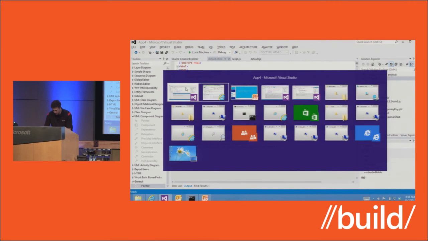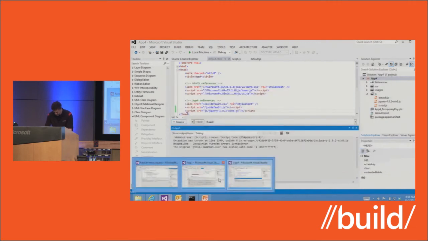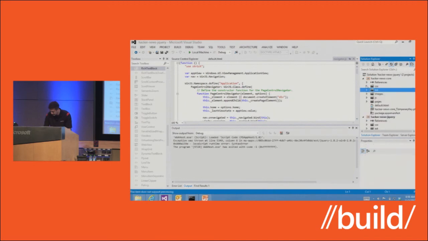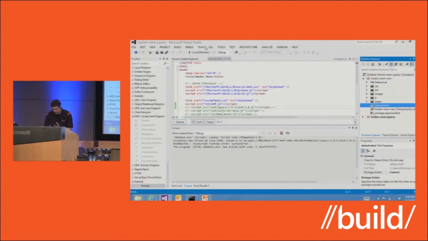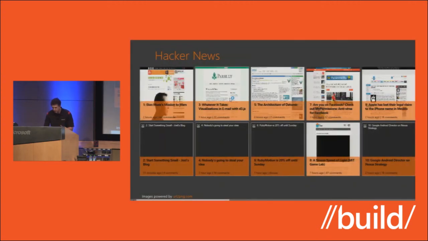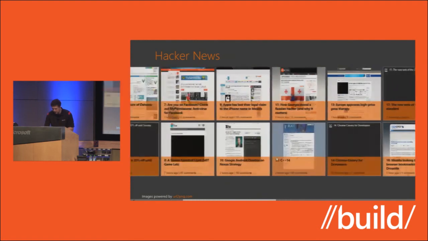So go to another Visual Studio project here, and I'm going to take a look first at our Hacker News app, built with just generic WinJS. So default page, we'll just run this. There's been other talks about using this. Pull up Hacker News. We've got all of our stories here. We can scroll along, read some stories.